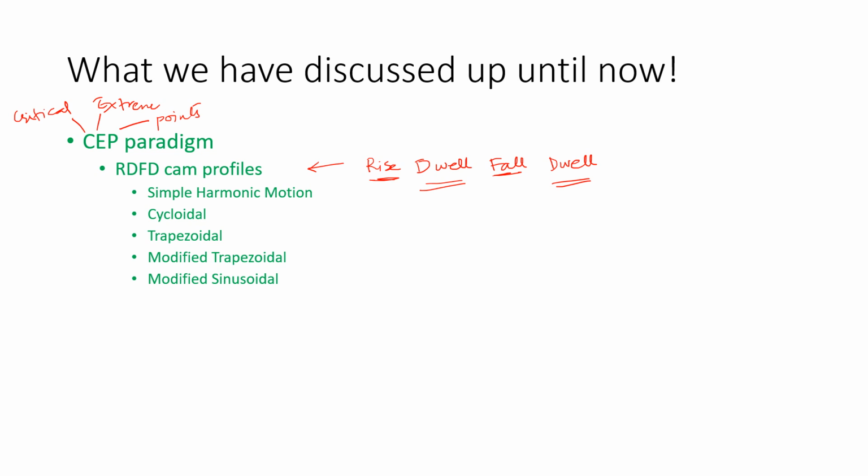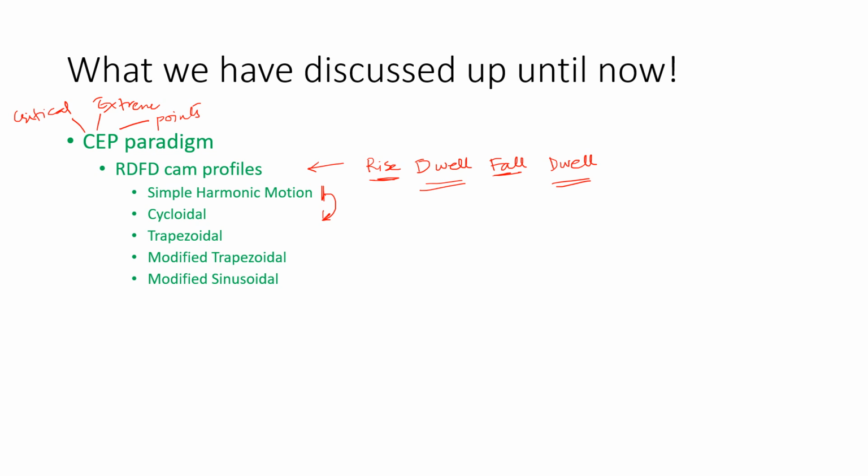So in order to explore the critical extreme points paradigm, we started from the naive cam design and then we moved on to the simple harmonic motion. And that improved certain attributes corresponding to SVJ diagrams. But that was not perfect. Then we moved on to the cycloidal, where we started from the acceleration profile and then we integrated it to find out velocity and displacement.